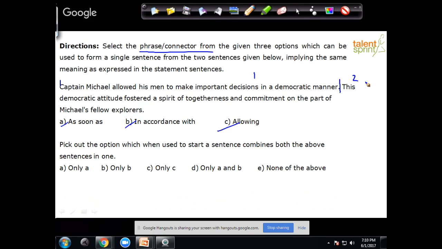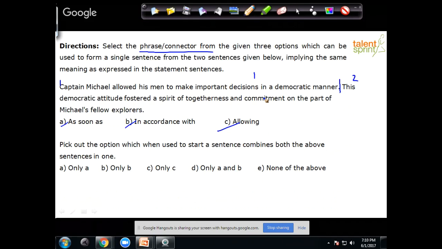So what they're saying is, if I use any of these options to connect these two sentences, it should give me a logical sense. I should have a logical flow. The meaning should be complete.